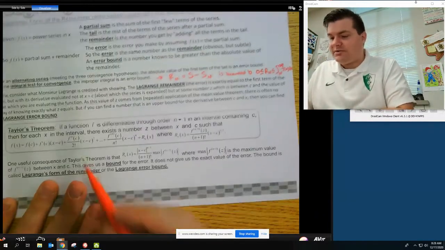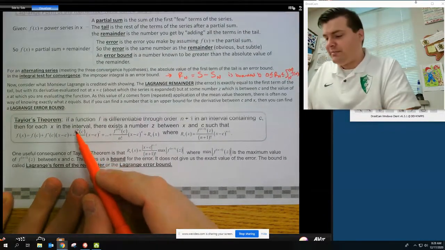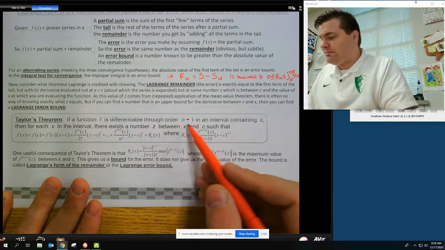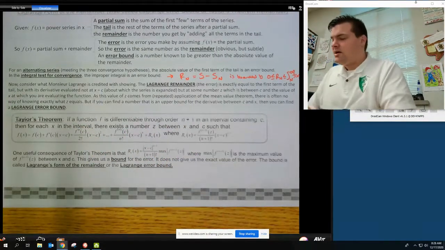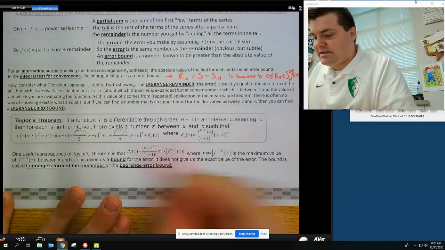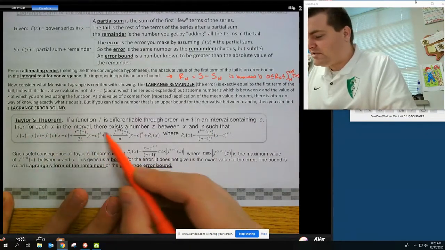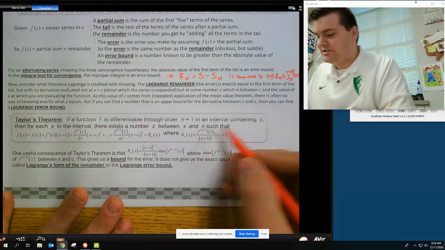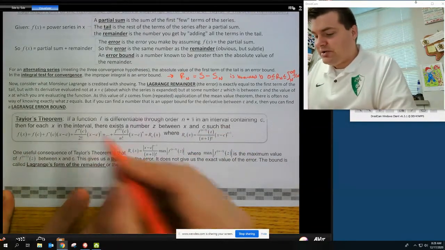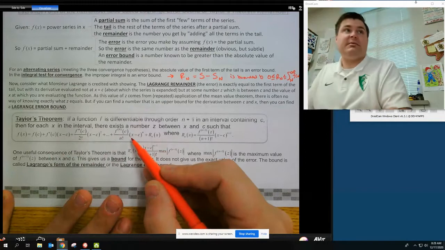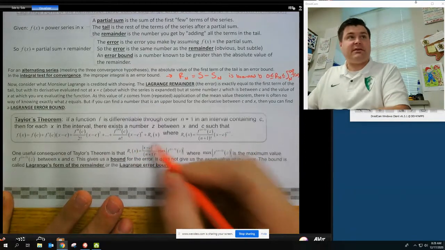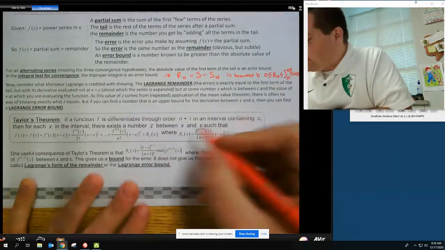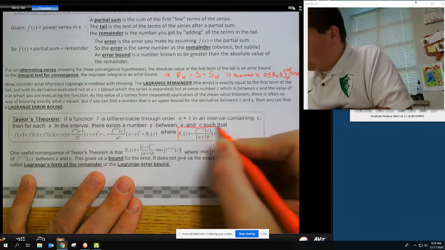Again, Taylor's theorem, we touched on this a little bit. If the function is differentiable through order n plus 1, so beyond the next term, in an interval containing c, then for each x in the interval there exists a number z, coming out of nowhere, between x and c such that you get the partial sum up to whatever number of terms you use, plus the remainder, where the remainder is equal to this right here.